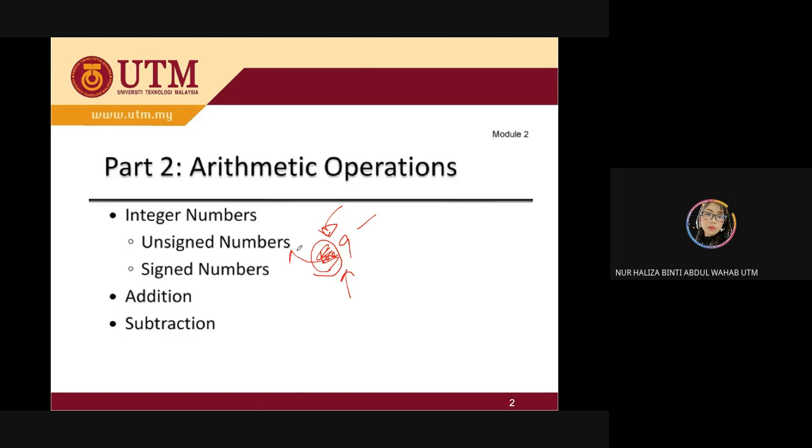It can also be an unsigned number. For positive numbers, rarely do we put the sign. But if it is a negative number, we need to put a sign in front to make sure we know this is negative. When we play around with the symbol, it is included in signed number. Although you just put, let's say, positive 3, it is still a signed number because we put the sign.